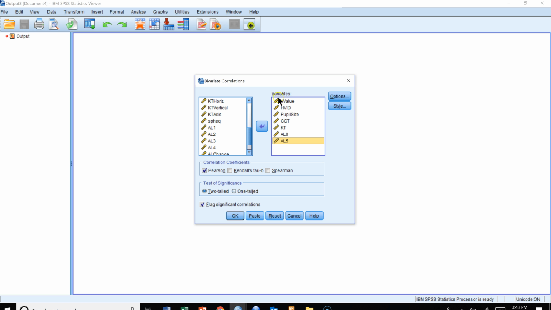Now these first set of values are all baseline values. This is axial length after 5 years. We don't have these values at 5 years, just at baseline. So let's see what we have.